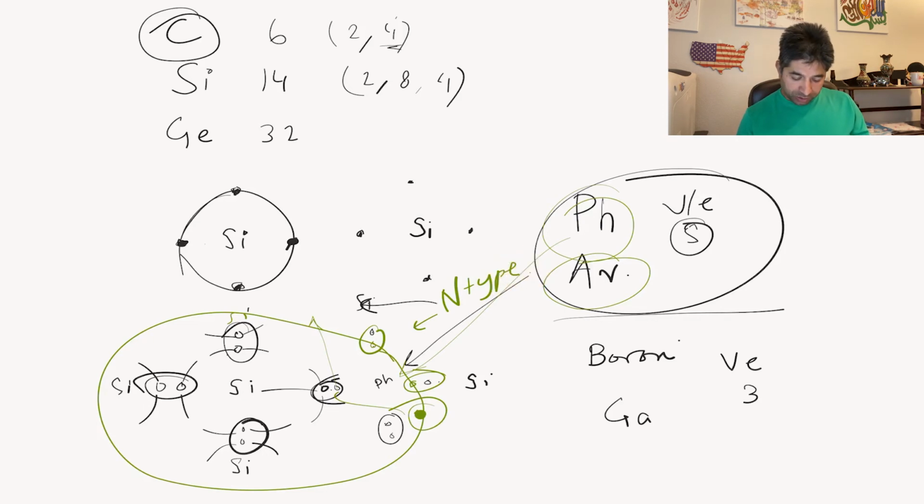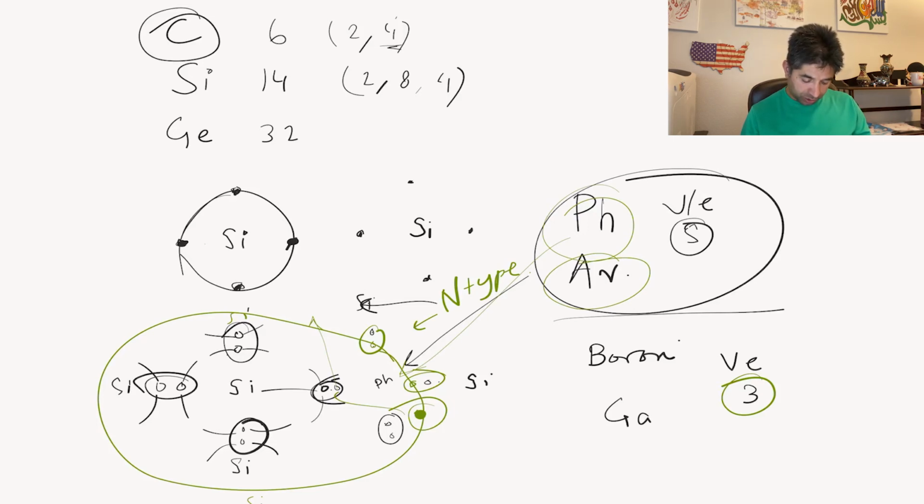Now, boron, for example, has 3 valence electrons. Let's say there was silicon, and each one has a bond. So just like the above picture, we bring boron, it has 3 valence electrons, keep in mind.